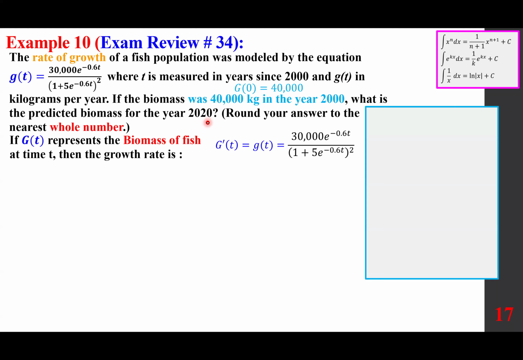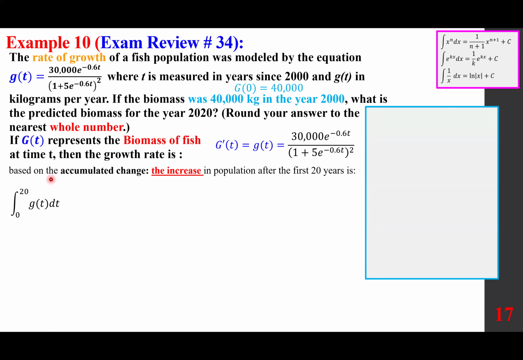And so based on the accumulated change, the net change theorem, and we have seen this type of question, the amount of increase is the integral of that from 0 to 20. The reason it's from 0 to 20, this is the initial year, and then this is 20 years later. So the difference between 2020 and 2000 is the number we're going to put here.